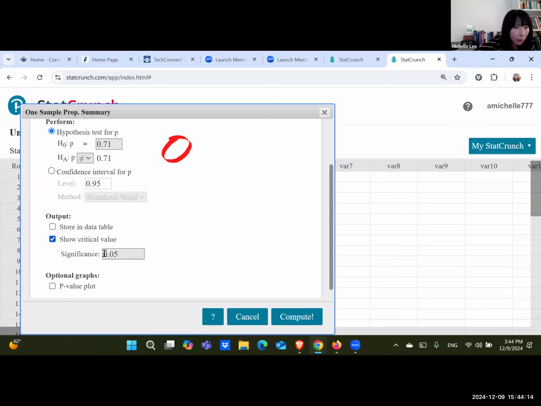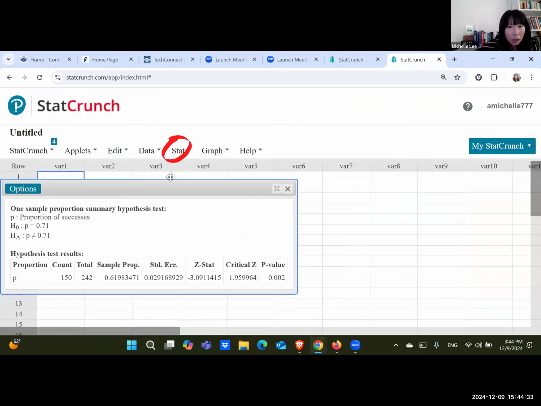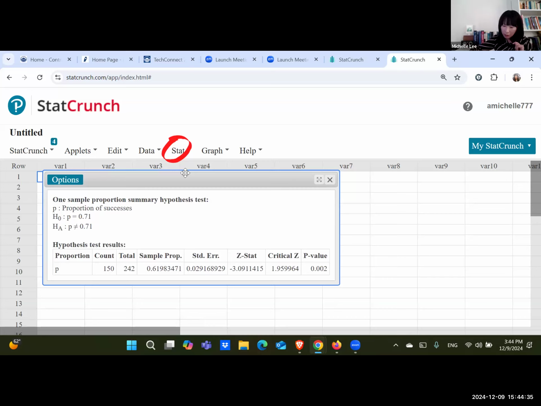They don't say anything about alpha, so we just use 0.05. All right. So let's compute. So look, the Z stat will be the test statistic.